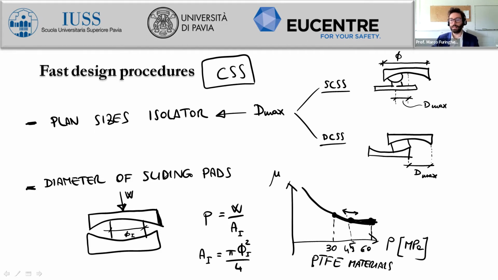So once you get the maximum displacement of the device, you already have the hardening from the beginning, because after having overcome the frictional force, you start the sliding motion, and as you start the sliding motion, there is already the recentering contribution, because the spherical shape provides the projection of the vertical force.